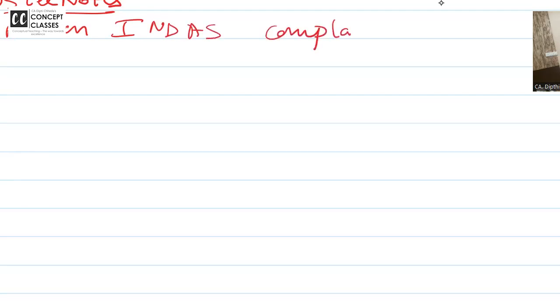Okay, so now check with me. What will you do if Ind AS compliance is asked in the MAT case? What all will you adjust? MAT on Indian Accounting Standard compliance.